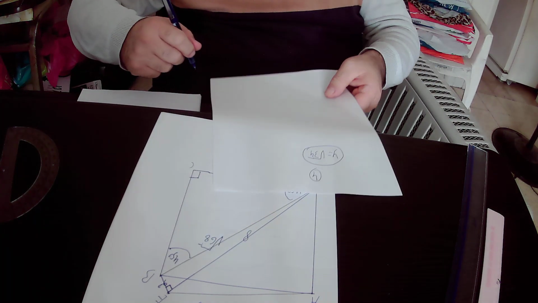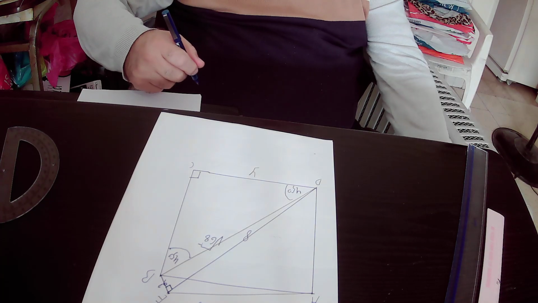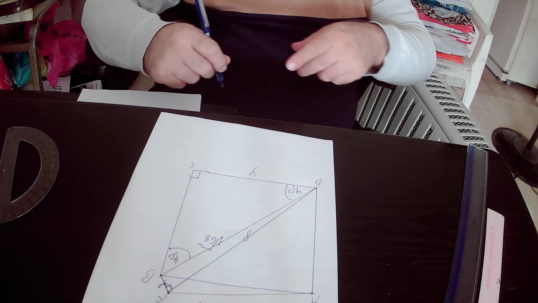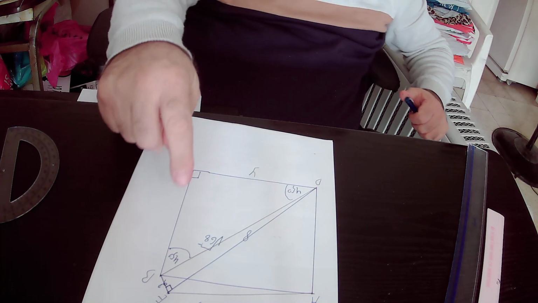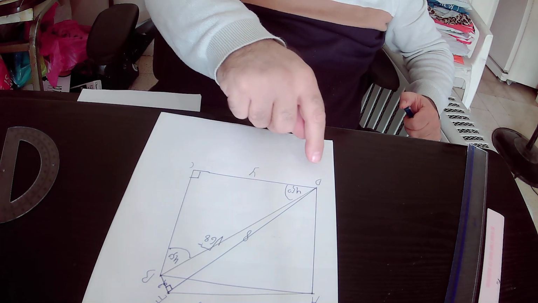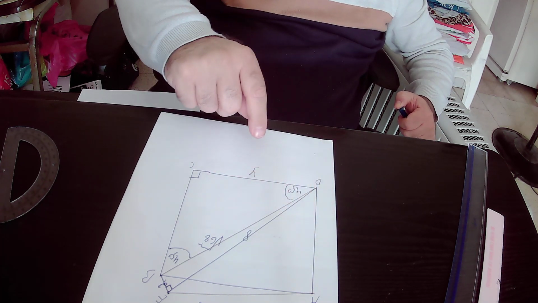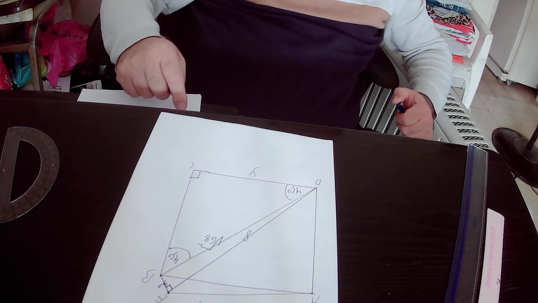So all the sides of a square are equal to each other, therefore AB equals BC equals DC equals DA equals square root of 34.